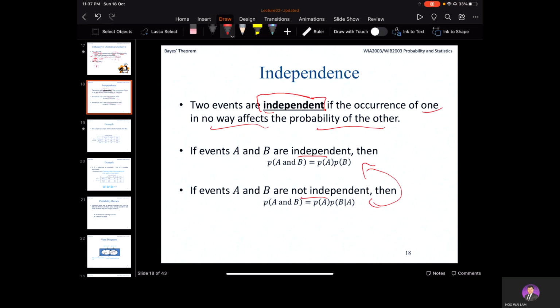Because when it's actually independent, even though you know that A is happening, A doesn't affect B. That's the reason why, when A and B are independent, your probability of B given A can change to probability of B. Knowing that event A happens doesn't tell you more about the probability for B to happen, because events A and B are independent.